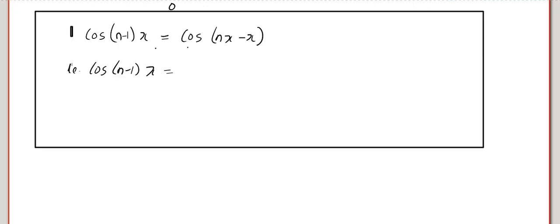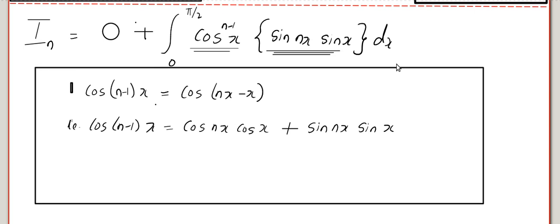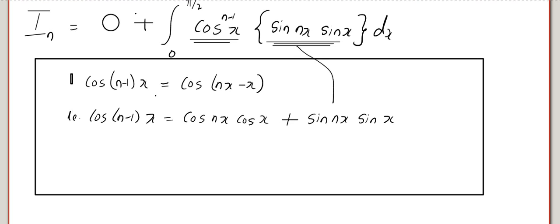Okay, do you remember the formula cos (a minus b)? Yeah, that will be cos a cos b plus sin a sin b. Oh, wait a minute. That is exactly what we want. So, what will be our sin nx sin x?